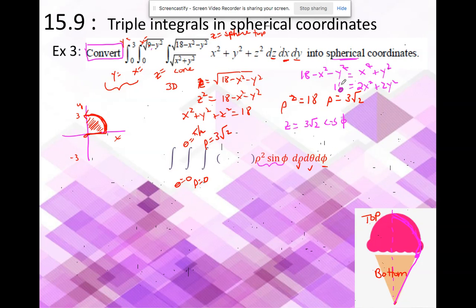Divide everybody by 2. Oh, wait, that's what I knew, right? So when I'm looking at the projection, 3 must equal 3 root 2 cosine phi.